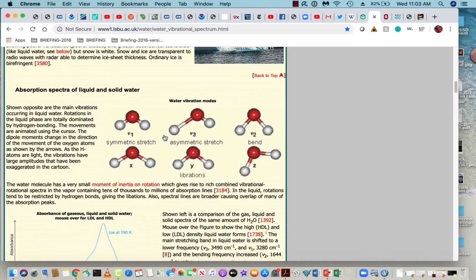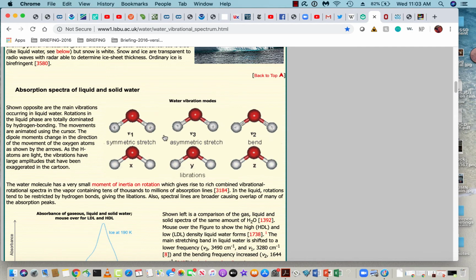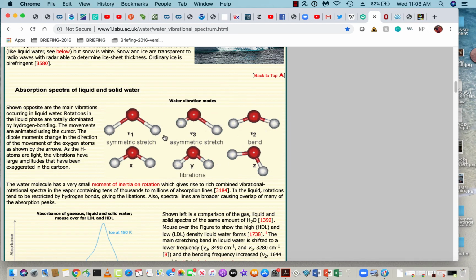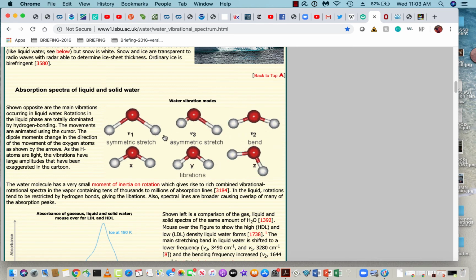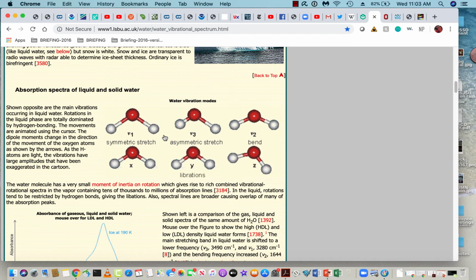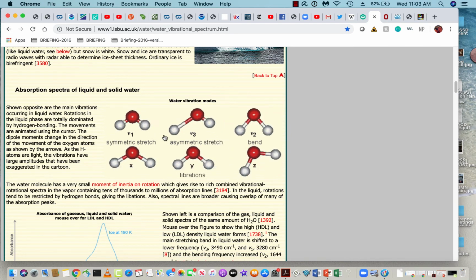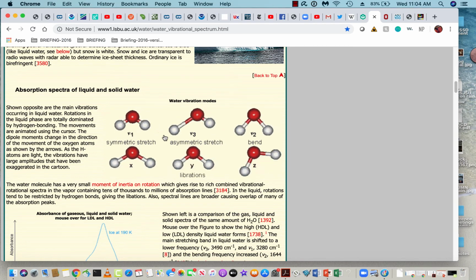So water is a molecule, H2O, 2 hydrogens, 1 oxygen. So the red thing here is the oxygen atom, and the 2 gray things are the hydrogen atoms forming the molecule. And when radiation energy comes in from the sun and is absorbed by water vapor, likewise long-wave radiation, then the molecule can move in all sorts of interesting ways.